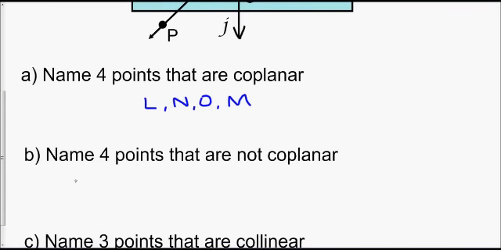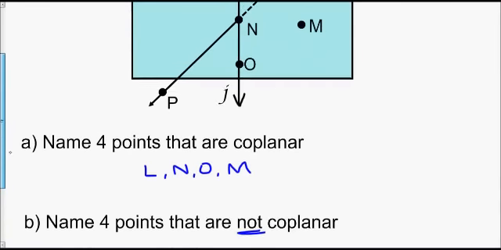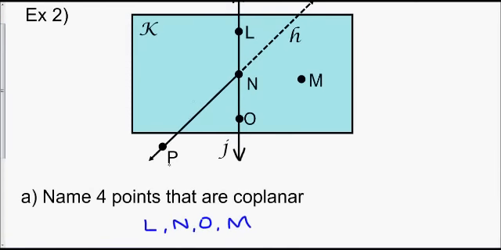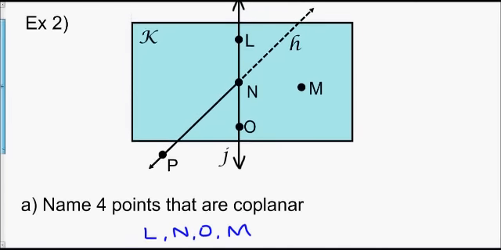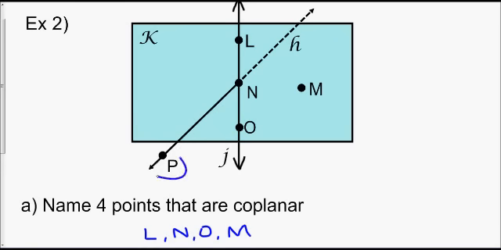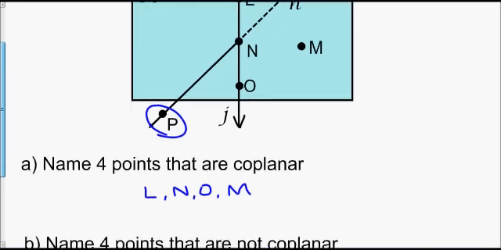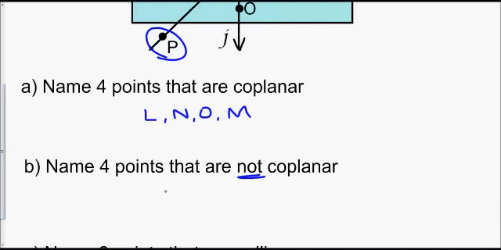Then you want 4 points that are not coplanar. Really the only point in this diagram that is not on plane K is point P. So if we put together any combination of points, as long as point P is included, then you have 4 non-coplanar points.